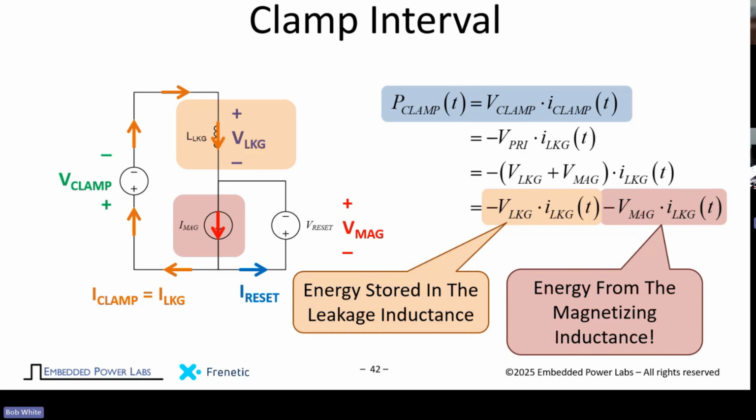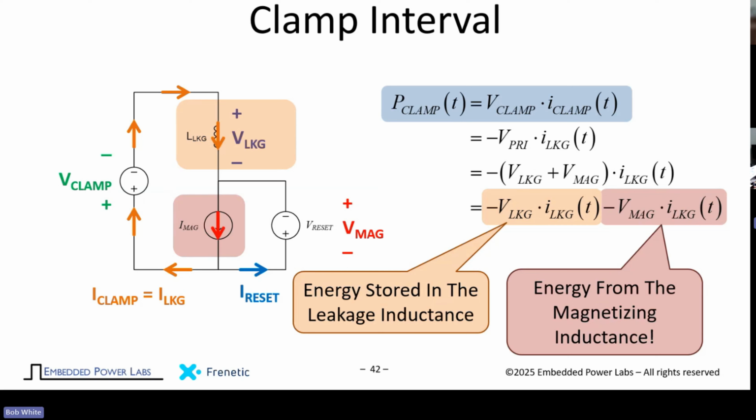This is important, that during this interval, as we are transferring from the on time to the demagnetization or reset time, the energy that's going into the clamp is not just the energy that was stored in the leakage inductance. We are taking energy also from the magnetizing inductance and delivering it to the clamp.